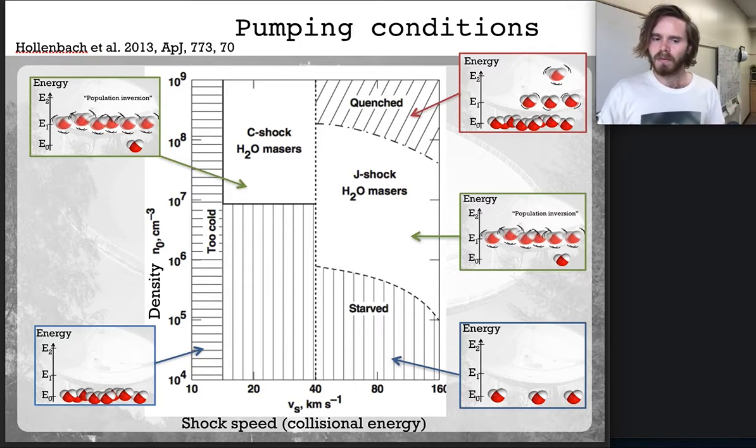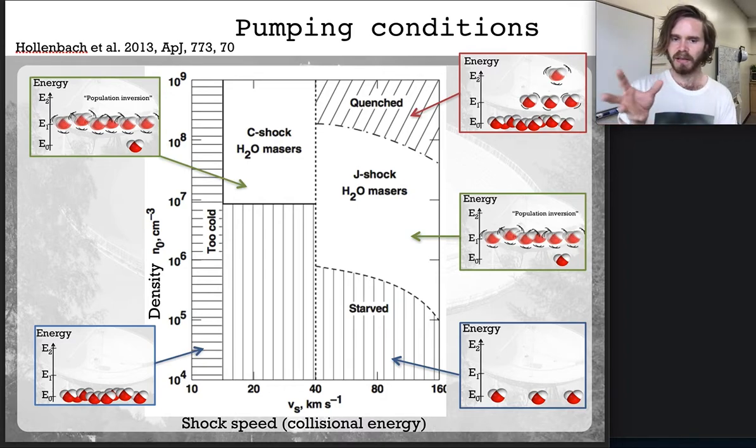So there's been a lot of investigations into what are the conditions in which different molecules produce maser emission. So this is here the case for water masers. These same kind of investigations have been done for SiO masers, OH masers, and methanol masers especially.